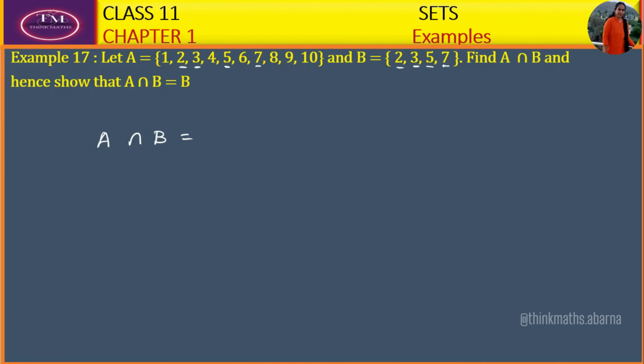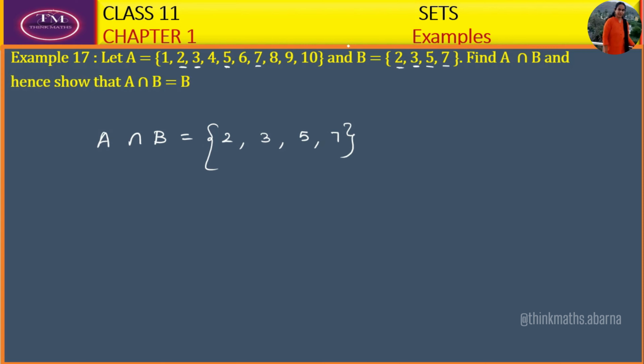7, it is present. So no need to check the other elements because we have completed the set B. There are no other elements in B. So these elements 8, 9, 10 are not common. So A intersection B is equal to the set of all 2, 3, 5, 7. Who is this?